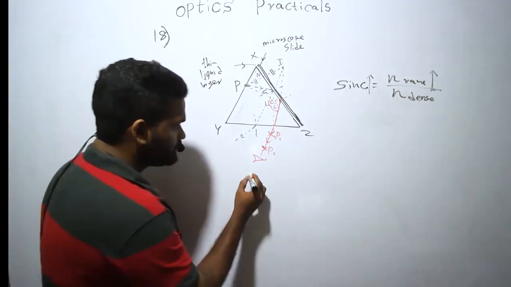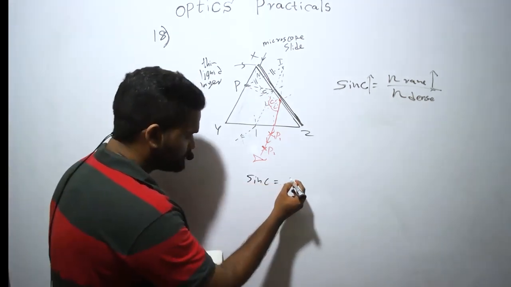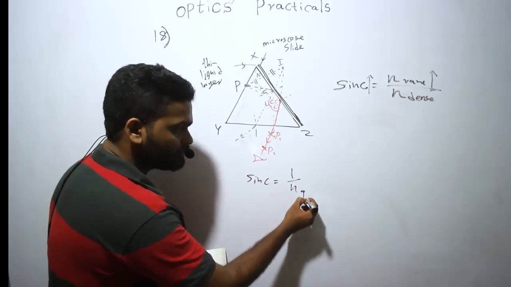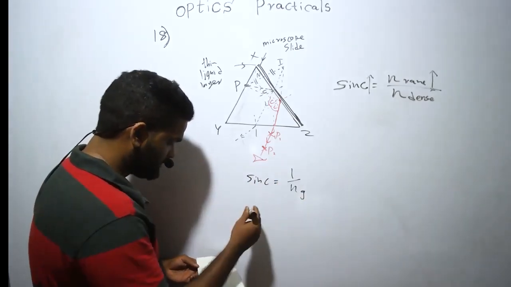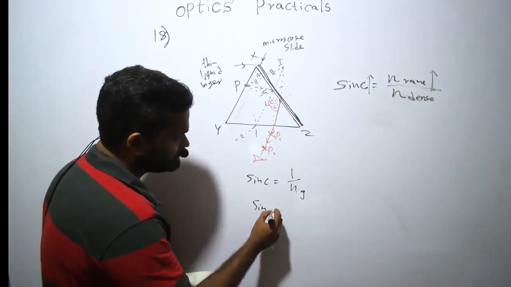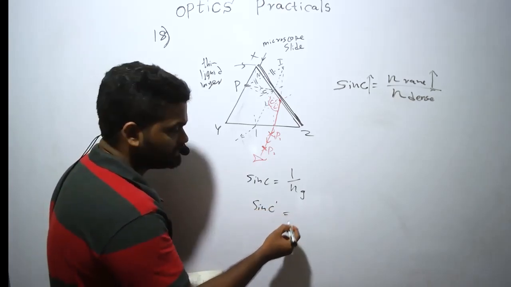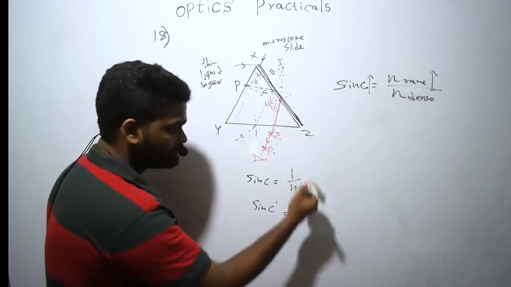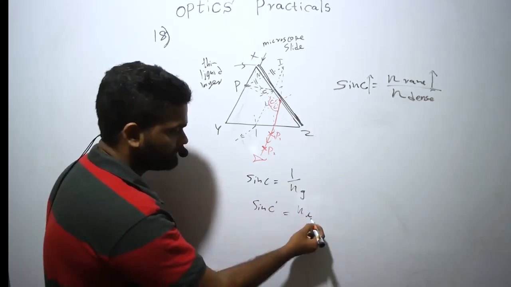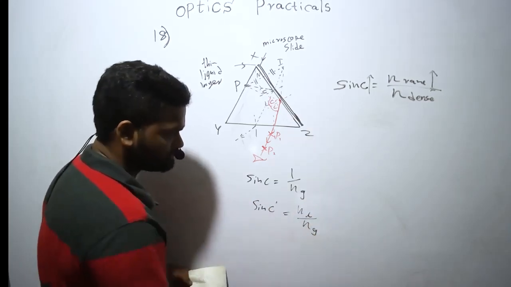Then for this one, sin c is equal to 1 over Ng. We found this from the earlier one, right? Then sin c dash is equal to what? Instead of air, now we have the liquid. Let's say NL. So Ng is this one, right?